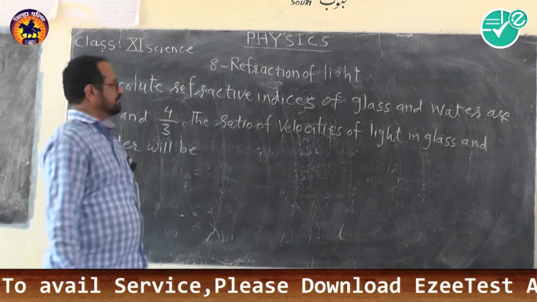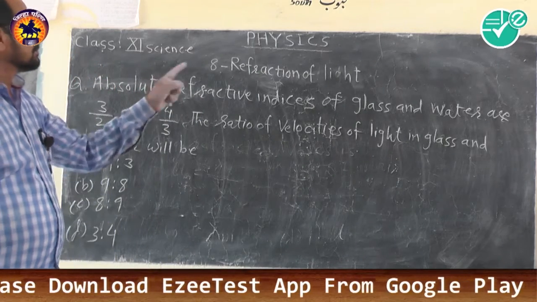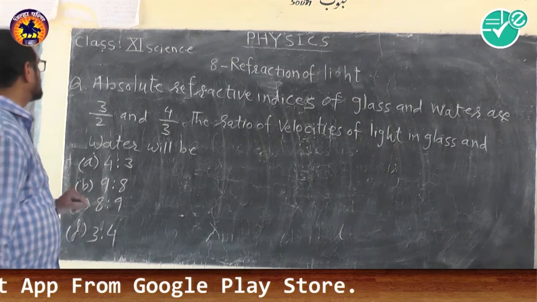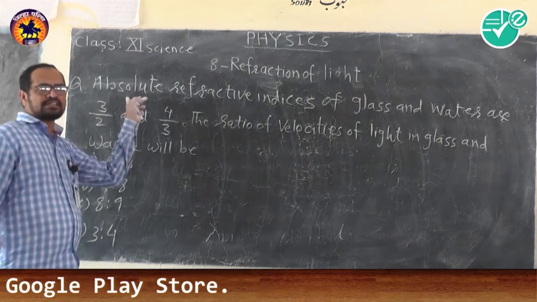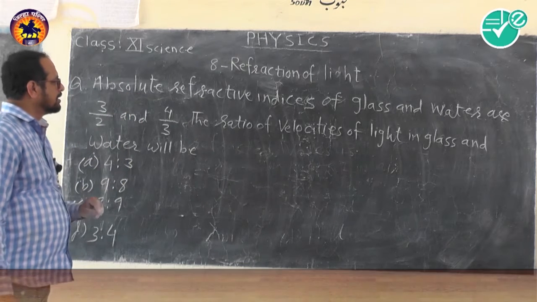Now here the given are for two different media, that is glass and water. These are the refractive indices. Absolute refractive index means one medium is air or vacuum.